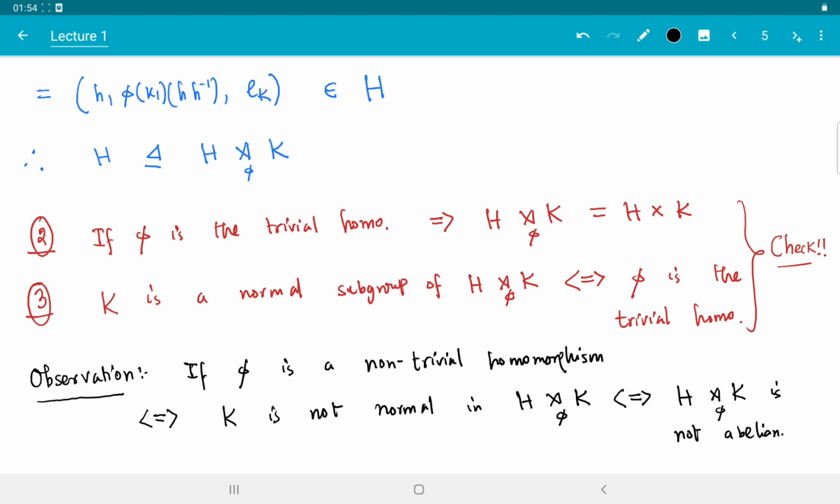Because in any abelian group every subgroup is normal.